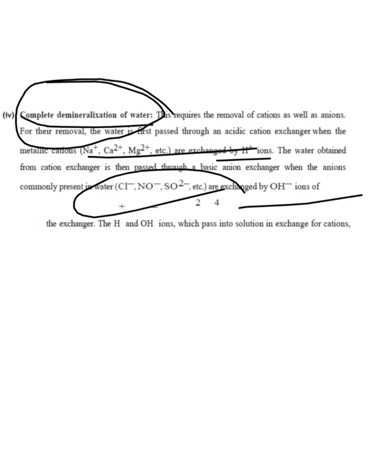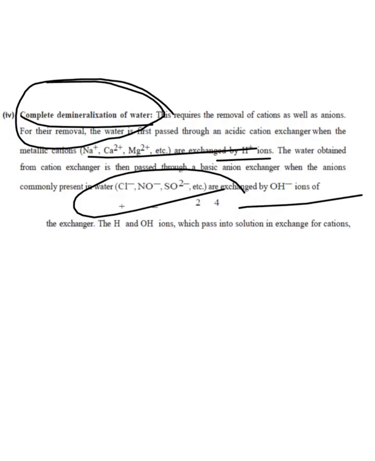You should know that sulfonic acid resins are employed as cation exchangers, while strong basic resins are employed as anion exchangers.